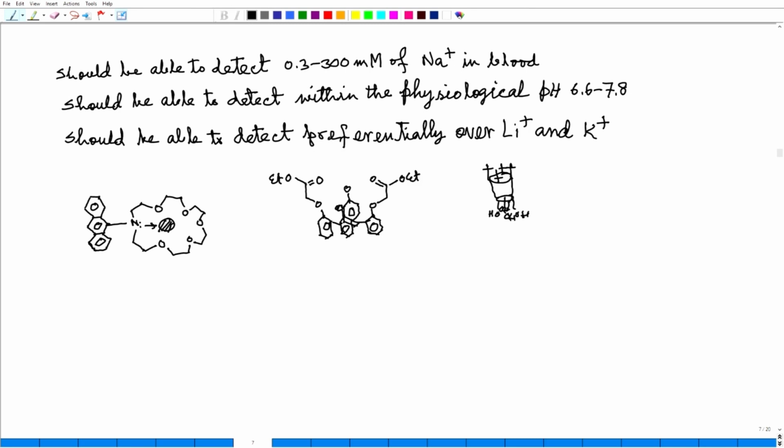Ethyl ester, carboxylate, this is 1 3, and what is happening to 1 2? 1 2 is drawn this way, double bond O, carboxylate, and here is pyrene.